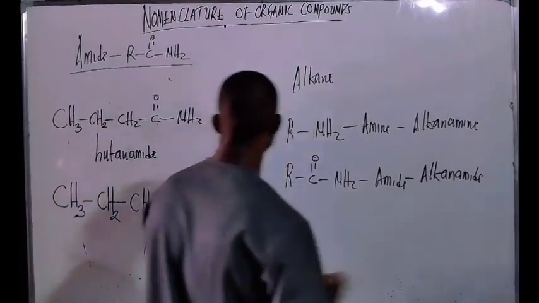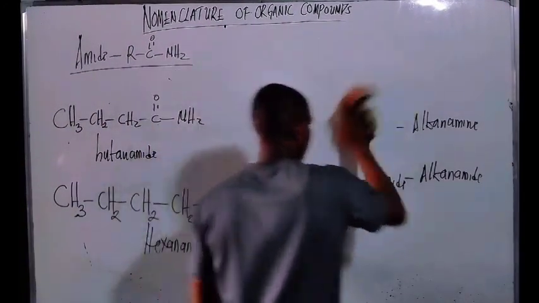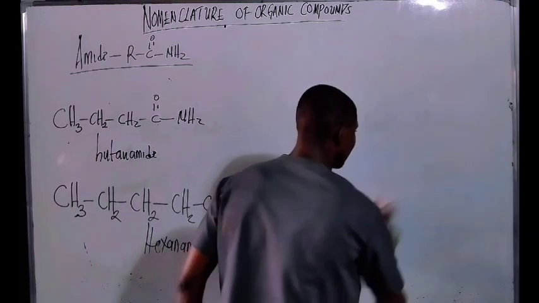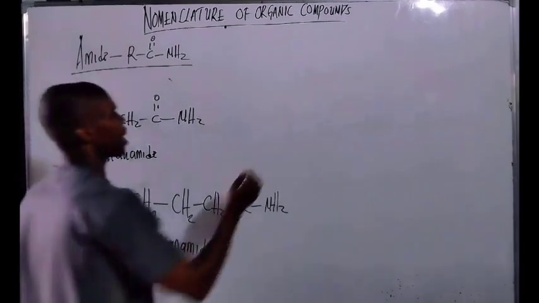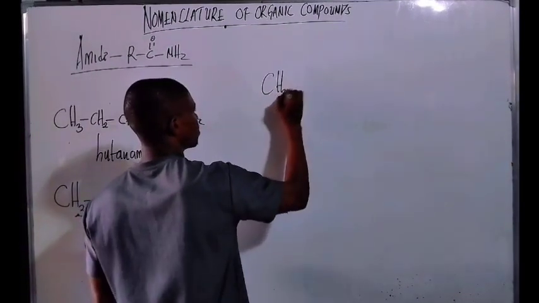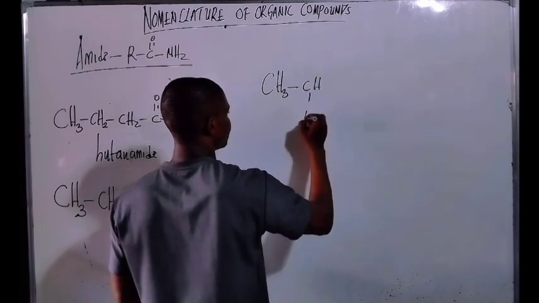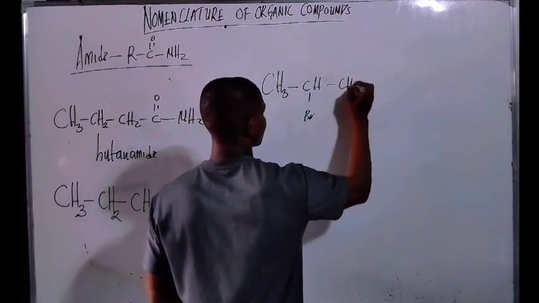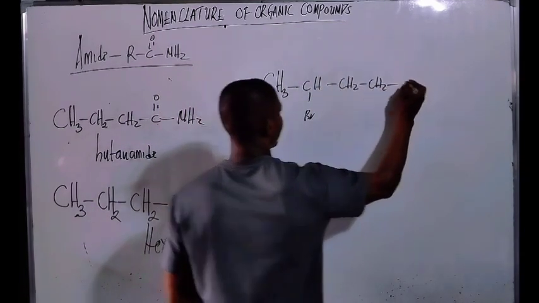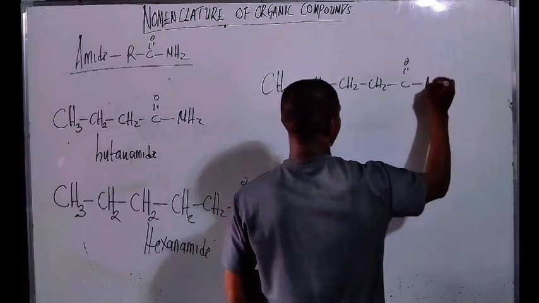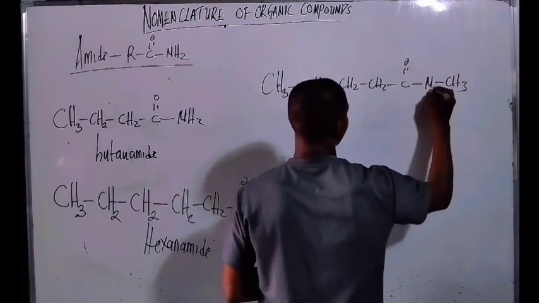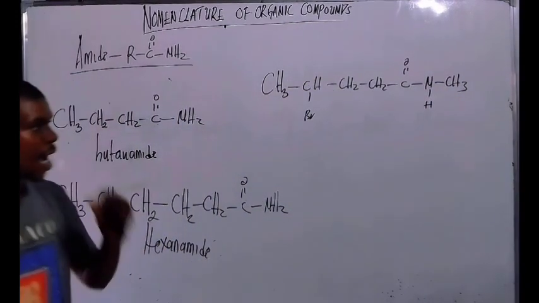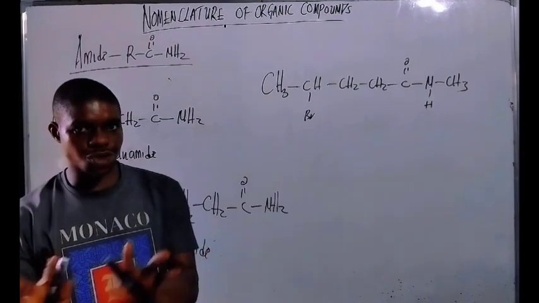If for example here there is a substituent attached. For example here we have CH2, CH, here we have a Br, CH2, CH2. Now here we have two substituents.